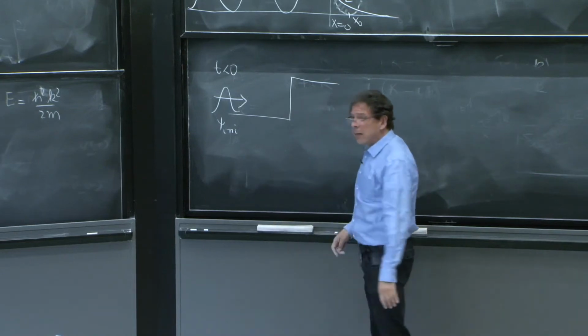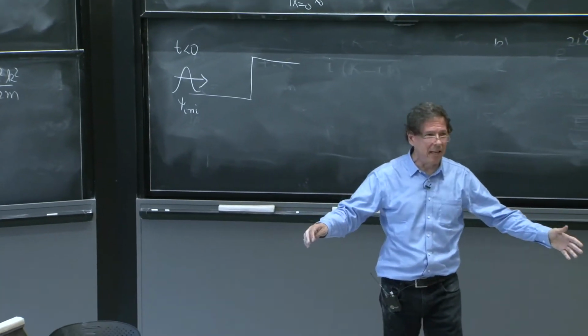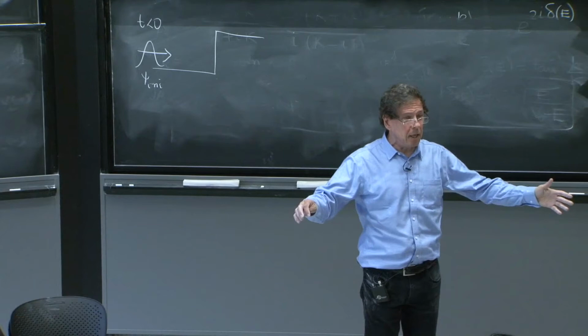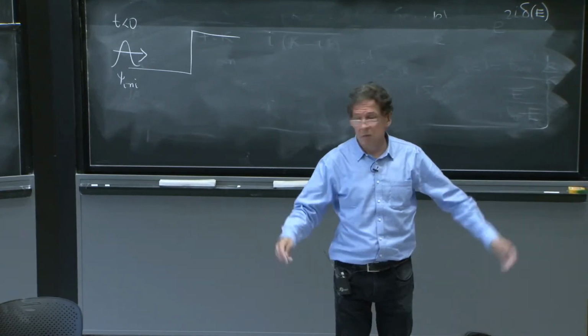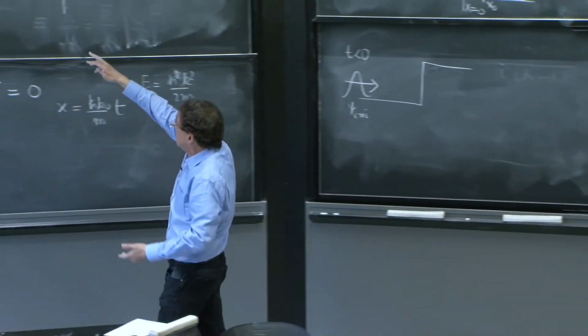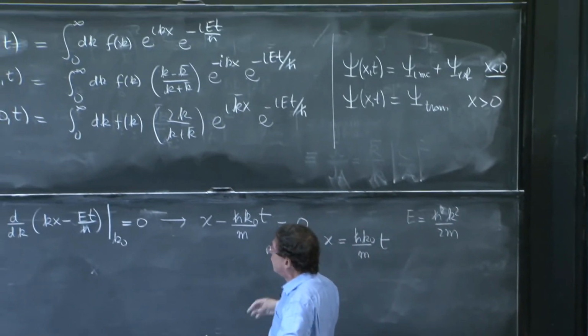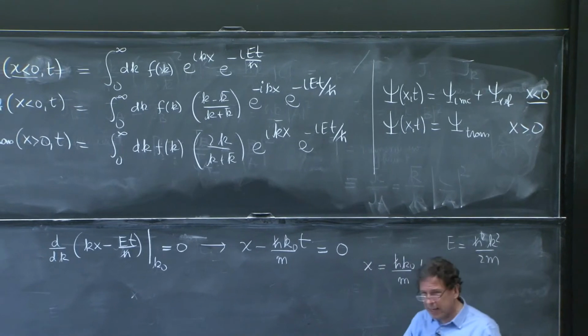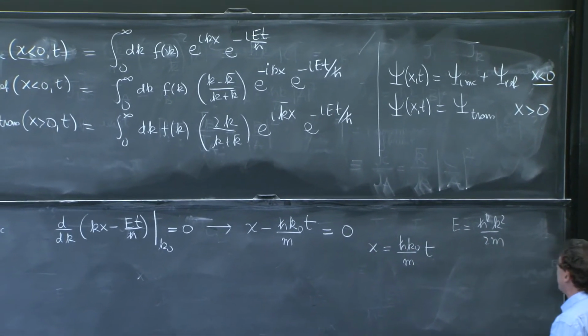But then, what happens with ψ incident as t is positive? As t is positive, well, it's just another integral. You might do it and see what you get. But we can see what we will get, roughly.